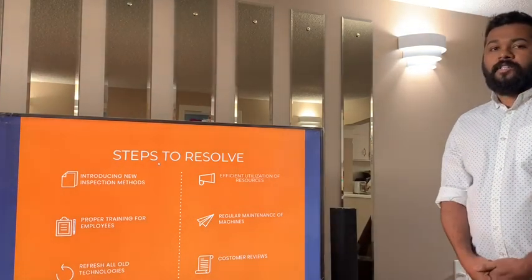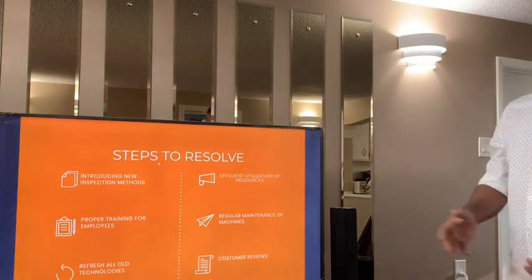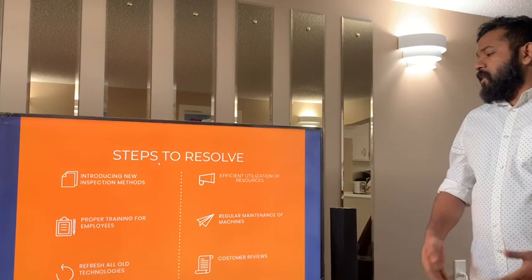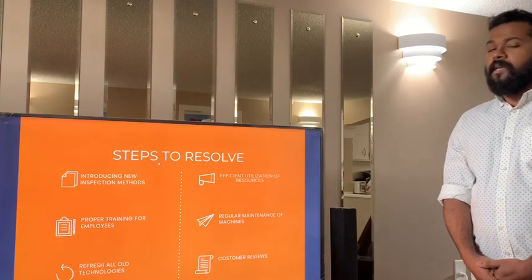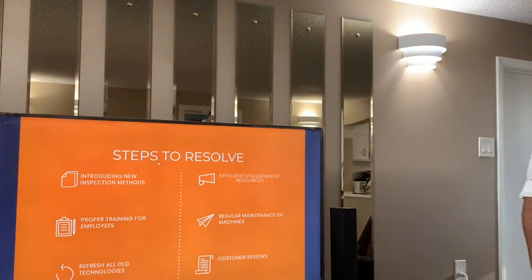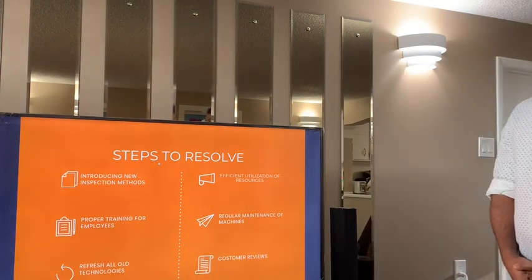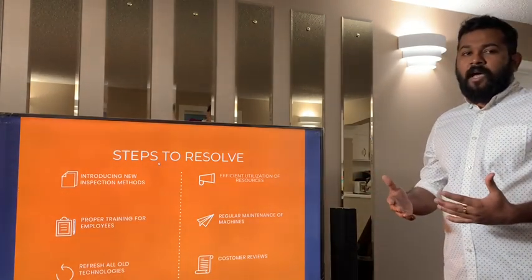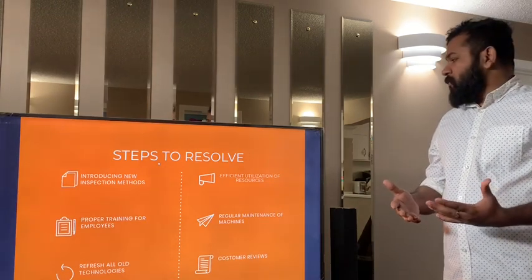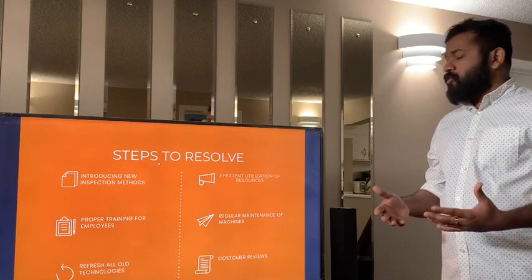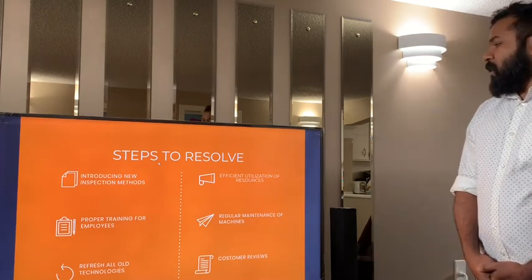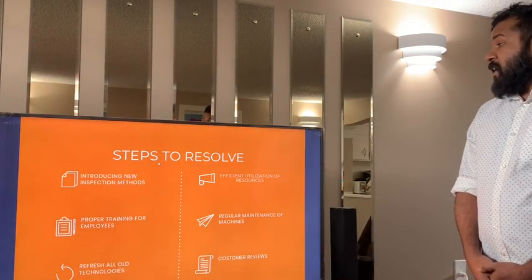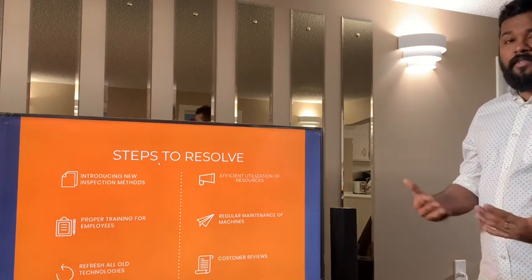There are a lot of old technologies these days, so we can introduce new methods of inspection, and refreshing old technologies with new technologies is another method to resolve these problems. And efficient utilization of resources. There are a lot of resources like manpower, machines, and materials, these 3 M's. If we use these resources with minimum input, we can get maximum output. Efficient utilization of these resources can be used to resolve fuel injection system problems.